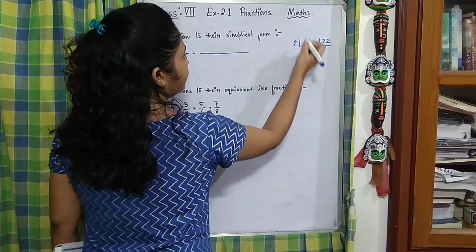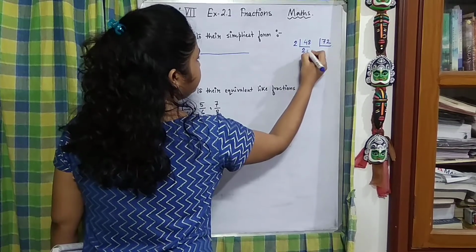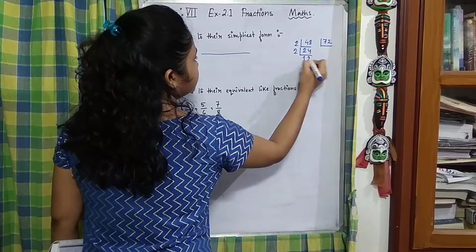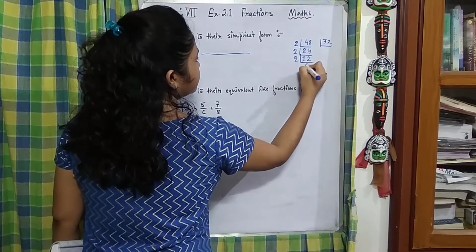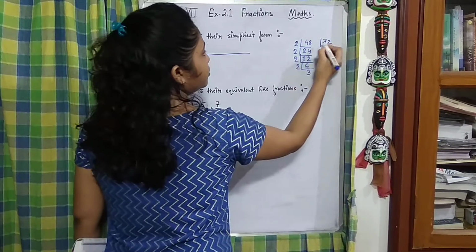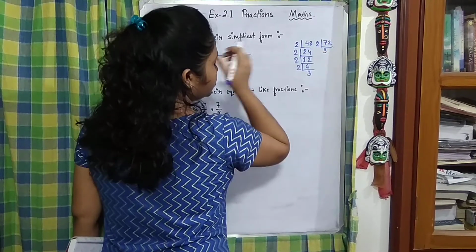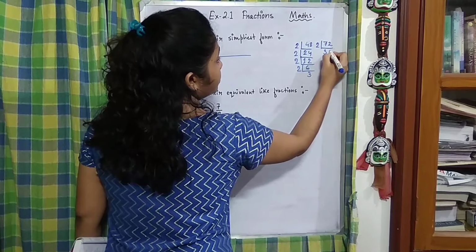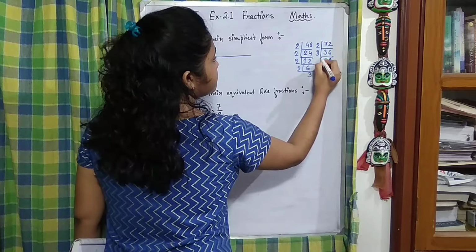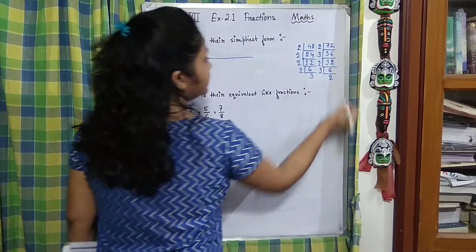So 48 will be divided by 2 to give 24, onward, 12. Similarly we will do for the 72 also, where 72 will be divided by 2 to give 36. These are the factors.